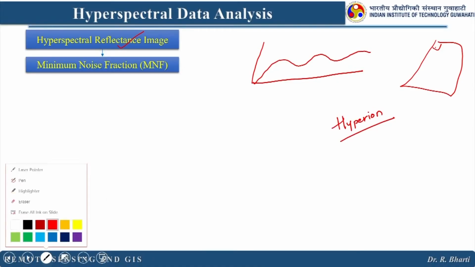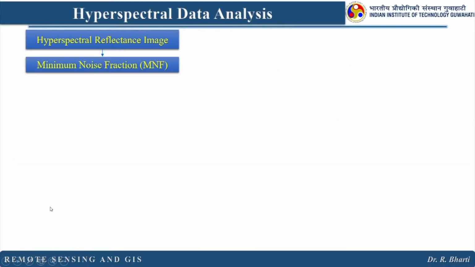So the next one is minimum noise fraction. The second step in this processing is to minimize the data, or to derive the unique information. Why are we doing this? Because we have contiguous hyperspectral data, which means there will be much information coming repetitively, right?